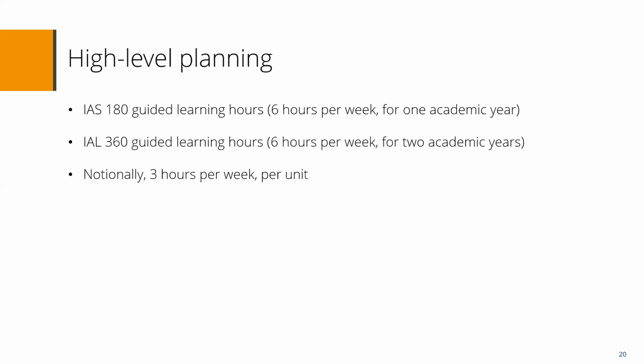One of the things you need to do is put together a case with your senior management team, because you've got to cover yourself here. You've got to say, look, hang on, the spec says I need this amount of time, and you've only given me 2 hours a week for each unit. So when someone comes back to you and says, well, you didn't do very well, you can say, well, you didn't give me enough time.